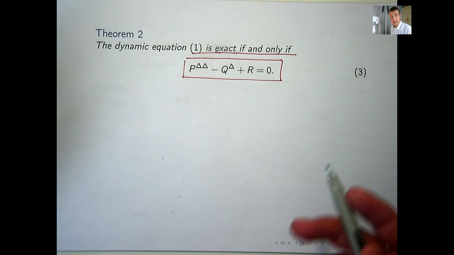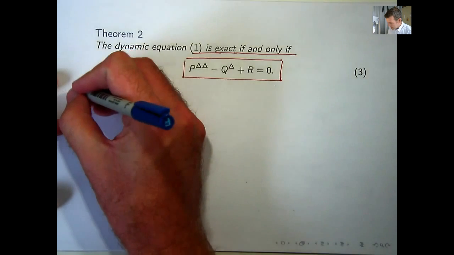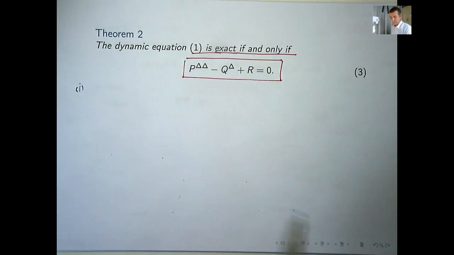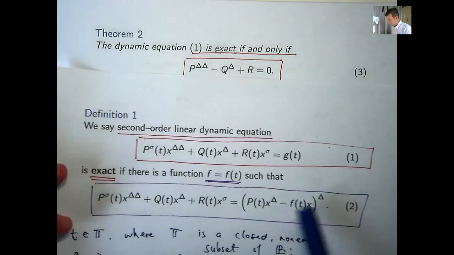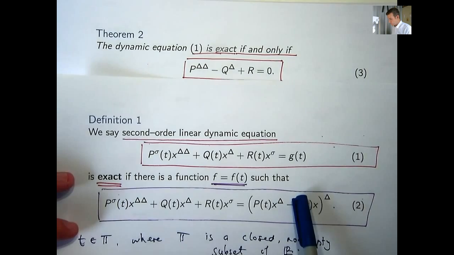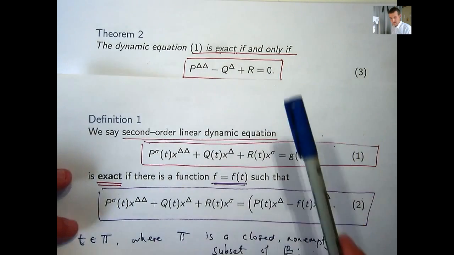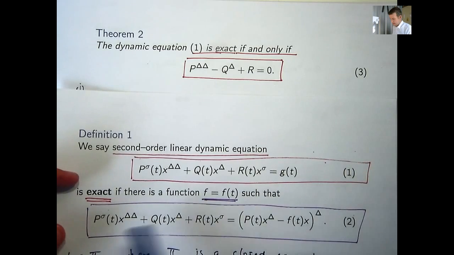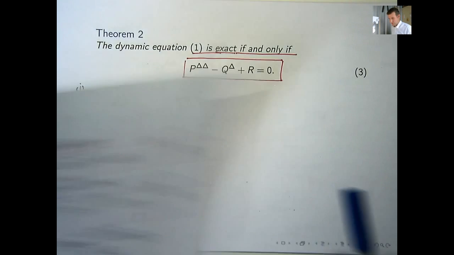So I'm going to prove this. We need to prove it both ways because it's an if and only if statement. So let's assume that 2 holds. Then we want to show that 3 holds, and later on we'll assume that 3 holds, and we want to show that 2 holds.